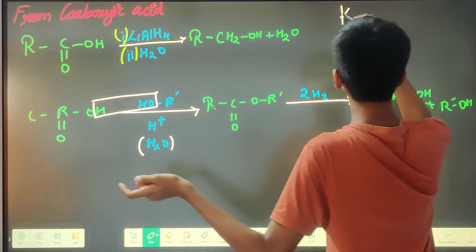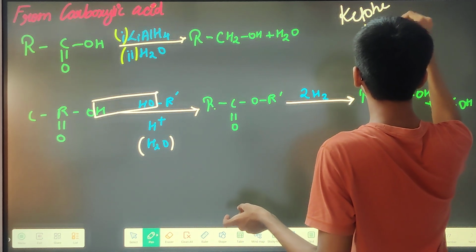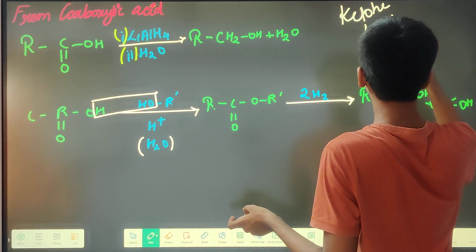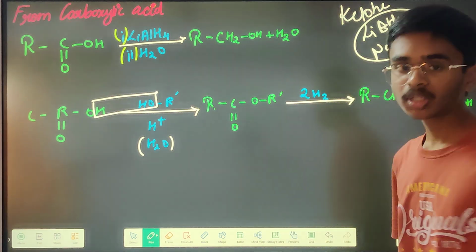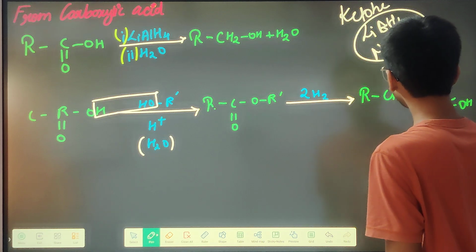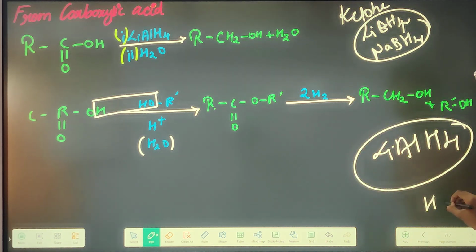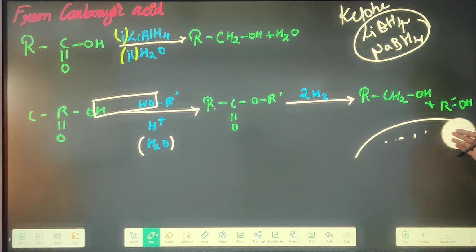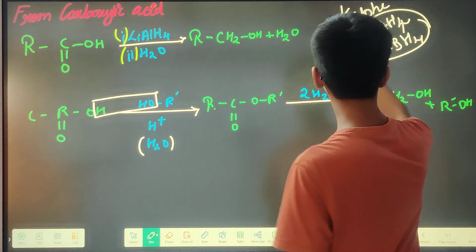See, in ketones, what did we use? We used LiBH4 or NaBH4. But coming to the carboxylic group, you have to use LiAlH4, and along with that you have to also use H2O.